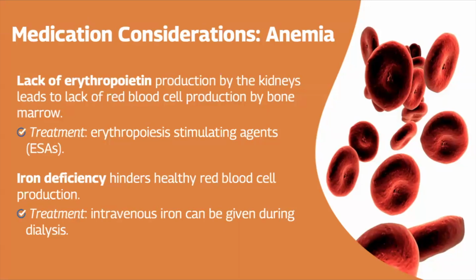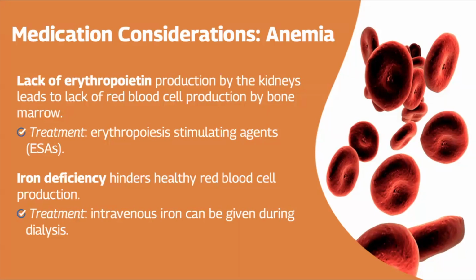So we have a lack of erythropoietin in our system, and the treatment for that is giving erythropoiesis stimulating agents. We have many of them on the market today, and they can be IV or sub-Q injection.